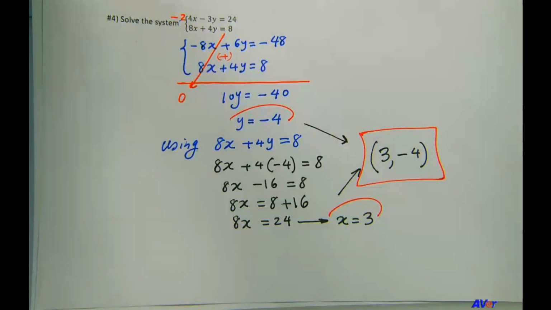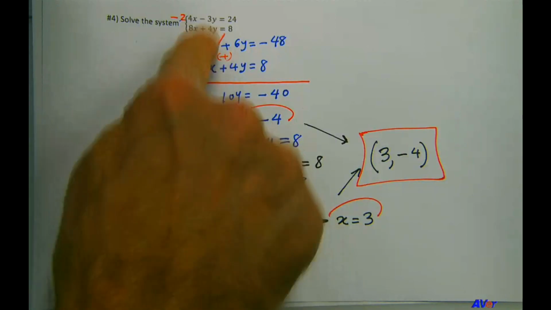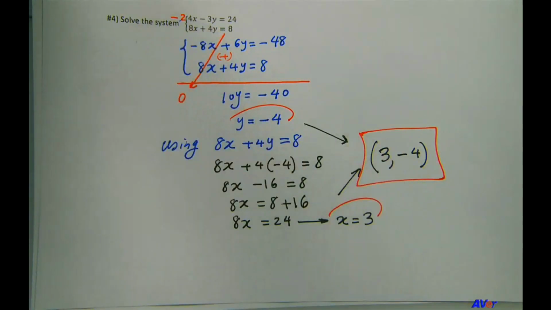Okay, so let's look at the computer graph, and what the computer graph should show us is that in fact these two lines intersect at that point.